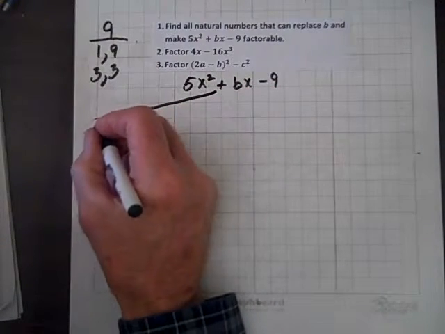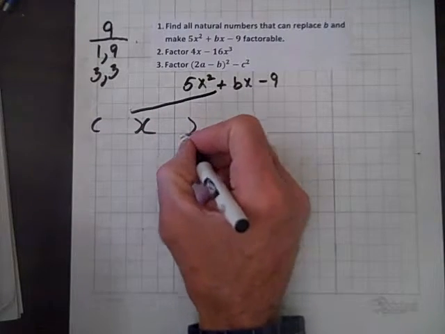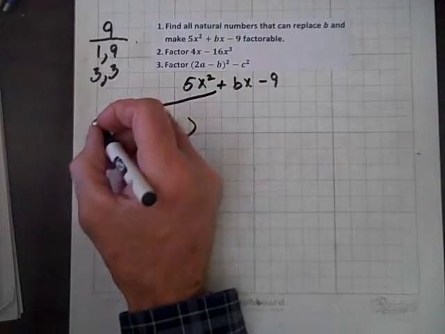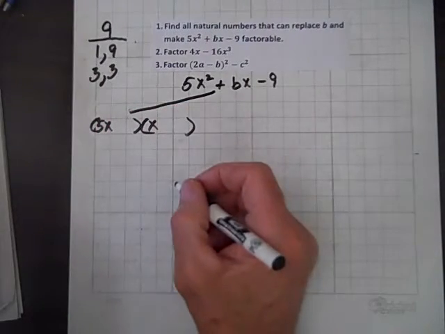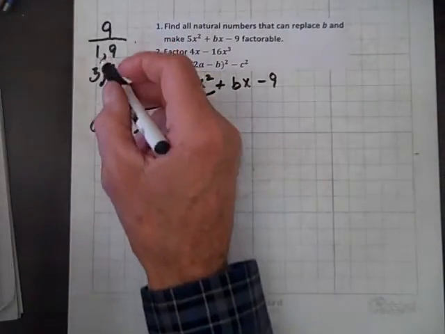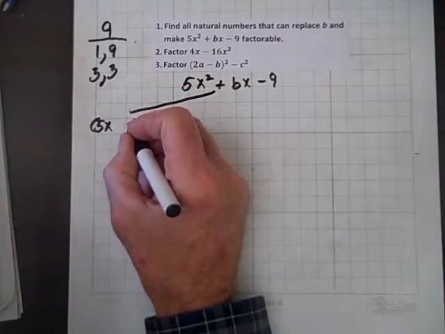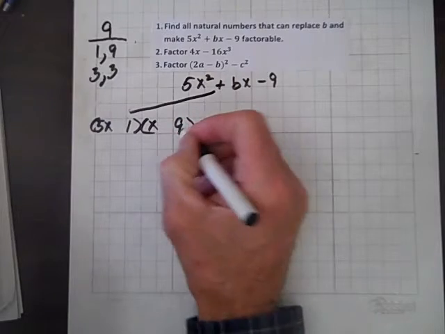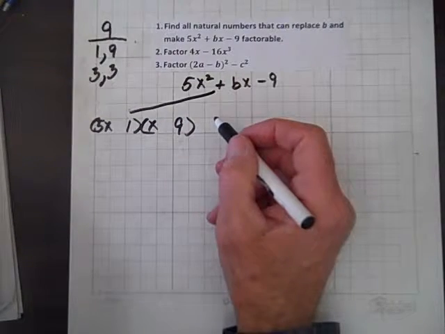So, first case, if this factors, we're going to have two sets of parentheses, and the factors of 5x squared are 5x and x. Now, here are the factors of 9, and we'll choose the factors 1 and 9. Next question. Which of these factors gets the positive?